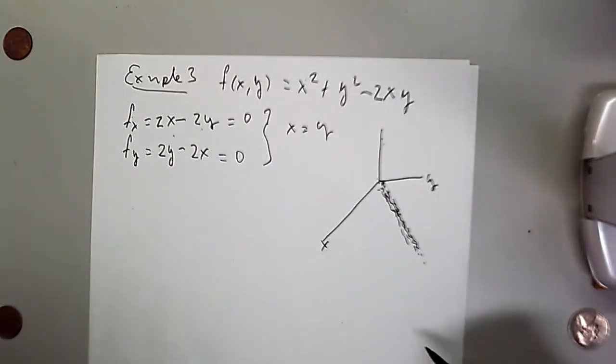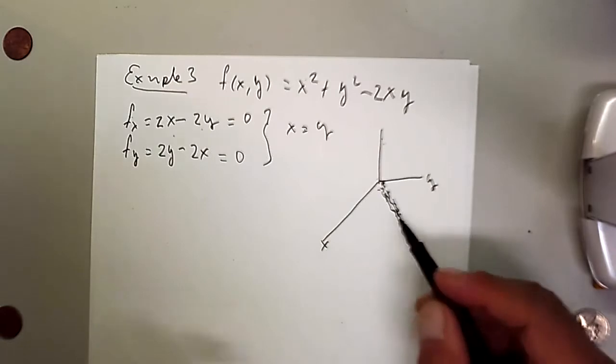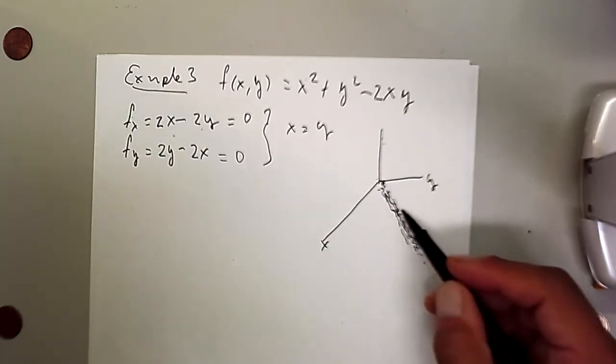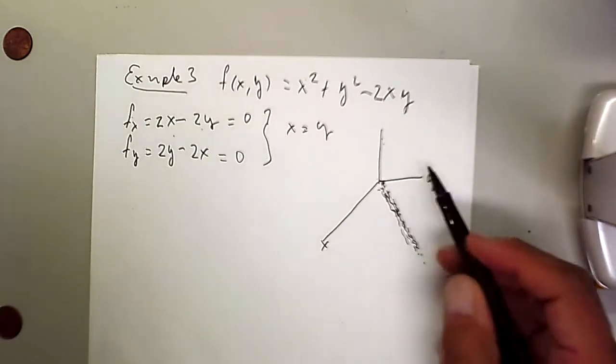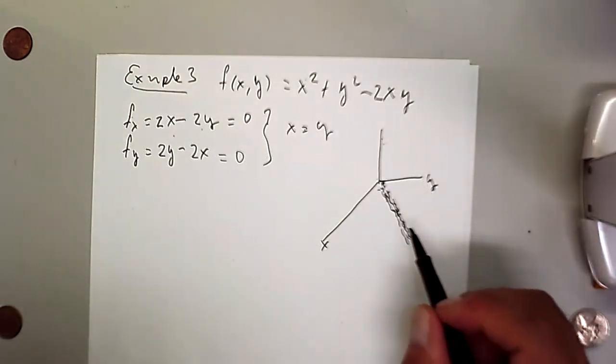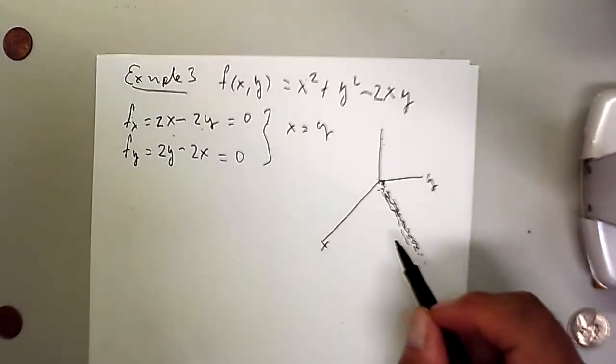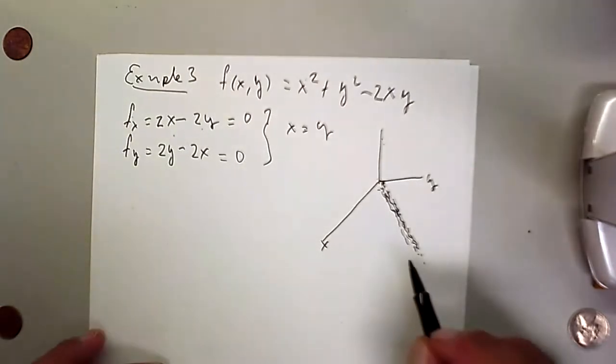Okay, so the question is, what's going on? We got critical values, but do we have a minimum? Do we have a maximum? Let's see.